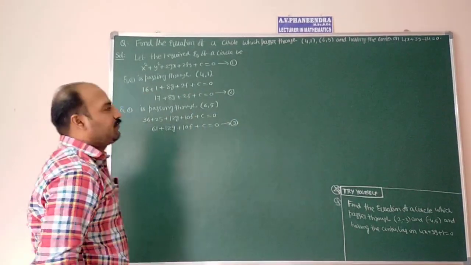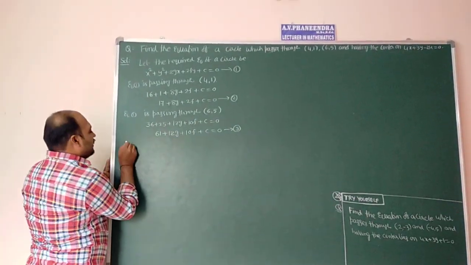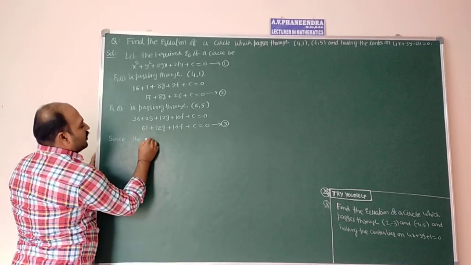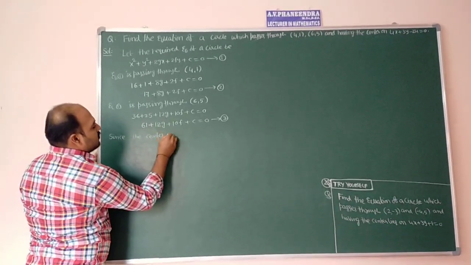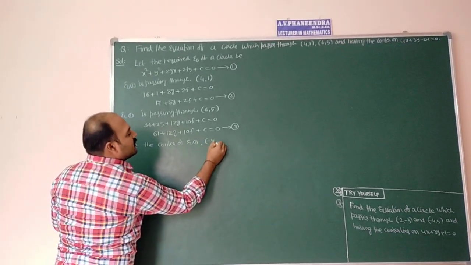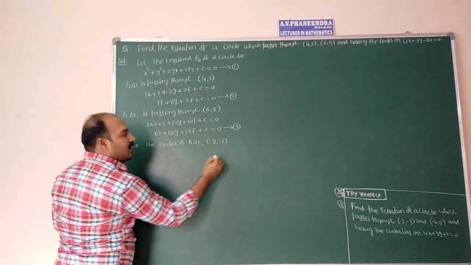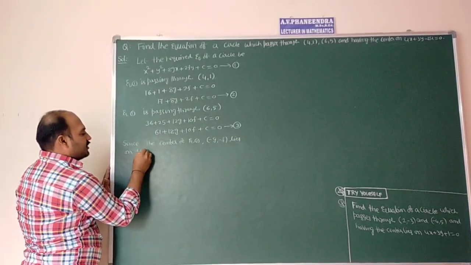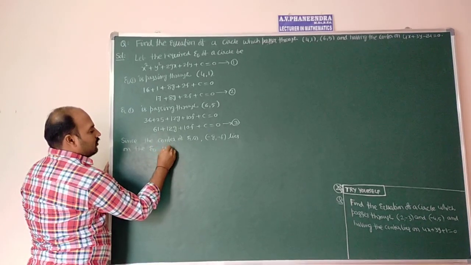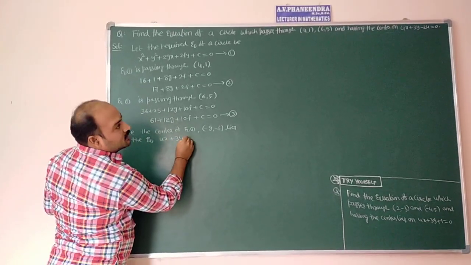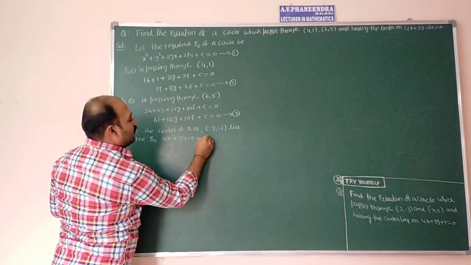Now, after completing this step, the center lies on 4x plus 3y minus 24 equal to 0. So, since the center of equation 1, what is the center of equation 1? (-g, -f), lies on the equation 4x plus 3y minus 24 equal to 0.